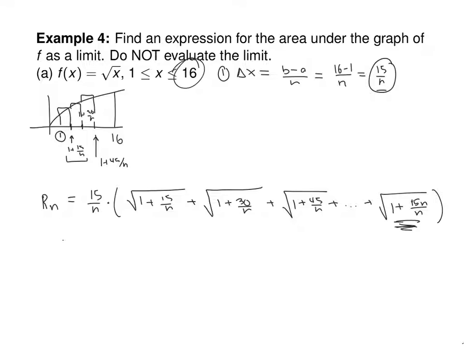So that's 15 over n, sum sign, i equals 1 to n. That part's always going to be the same. They're not squared because we're not plugging into the squared function. We're plugging into the root function. Which part was always the same? The i equals 1 to n, because you're doing a right sum.